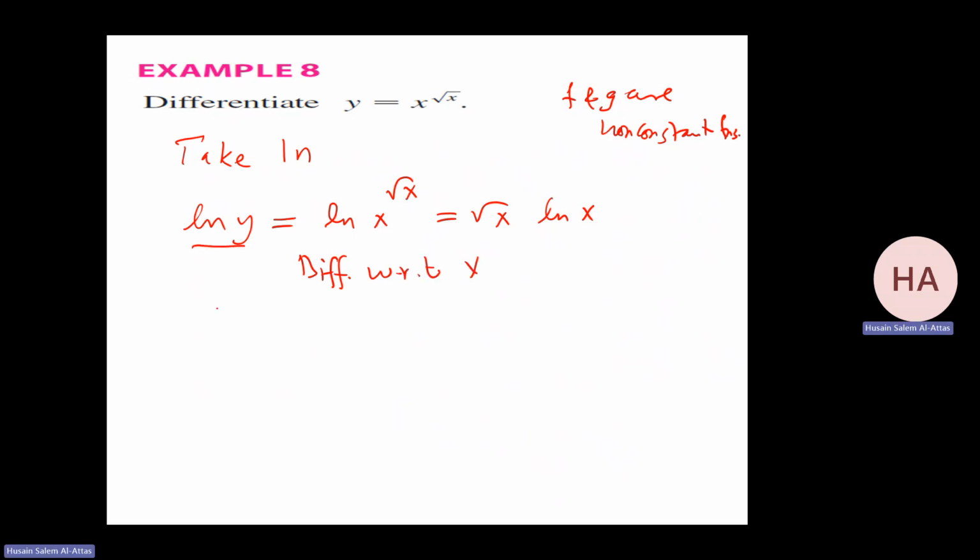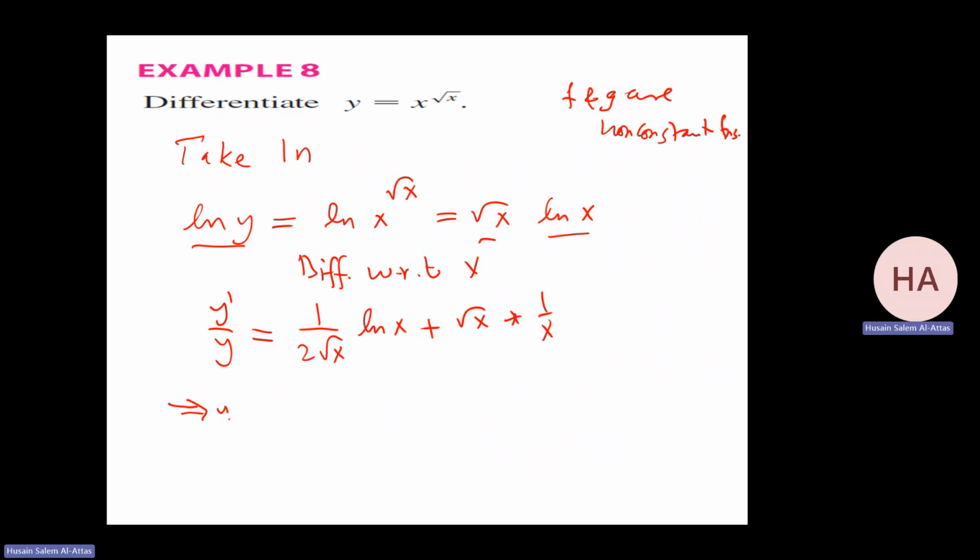We get y prime over y. Here I have a product of 2 functions: derivative of the first times the second plus the first times the derivative of the second.